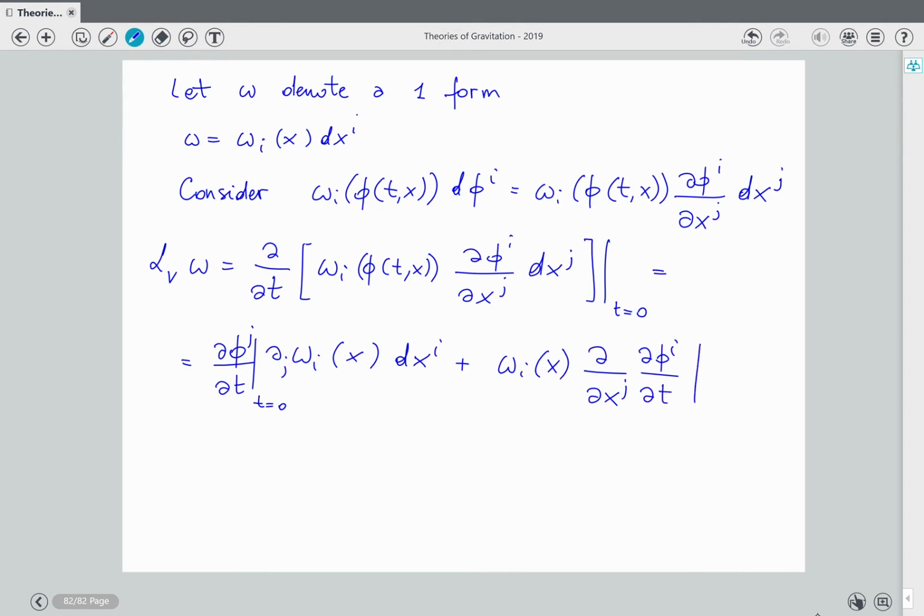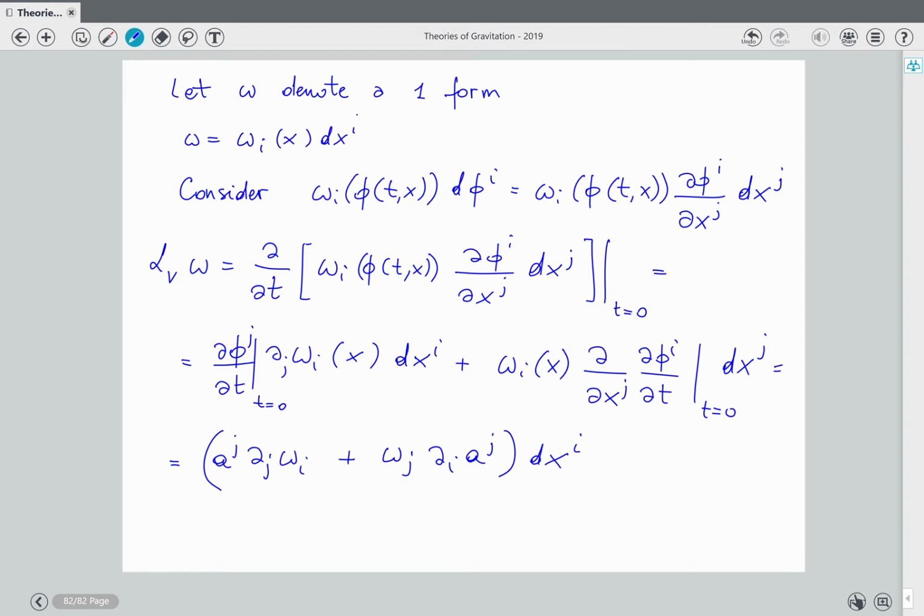And when t equals 0, partial phi I partial t becomes a I. So you have aj partial j omega I plus, here we have to change the name of the indices, omega j partial I aj dx I.